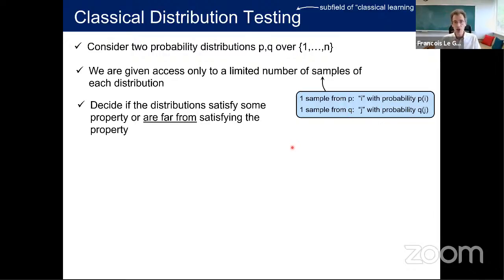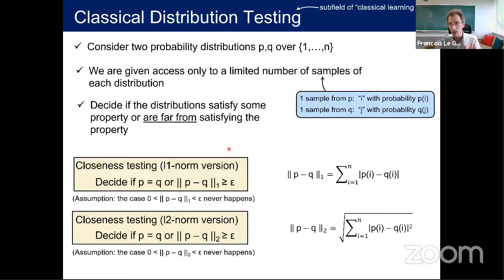And given your samples, you want to decide whether the distribution satisfies some property or is far from satisfying the property. I will not give a general definition of the notion of property and far from satisfying the property. I will rather describe exactly the properties we will consider today. This is closeness testing. There are two versions depending on the norm we are considering.